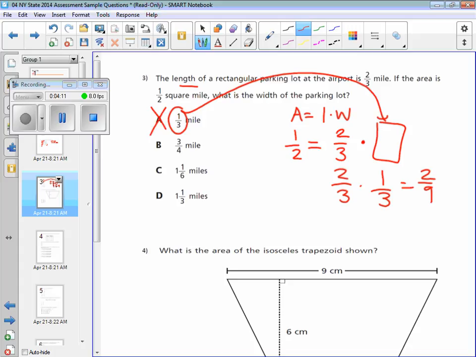Cross it out. Now I'm going to take my 3/4 and sub that in. And I get 2/3 times 3/4. Can I cross reduce somewhere? Okay, well, what do you want to do first?